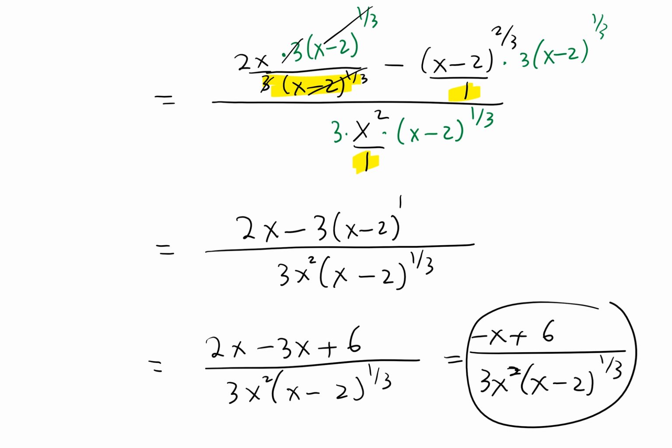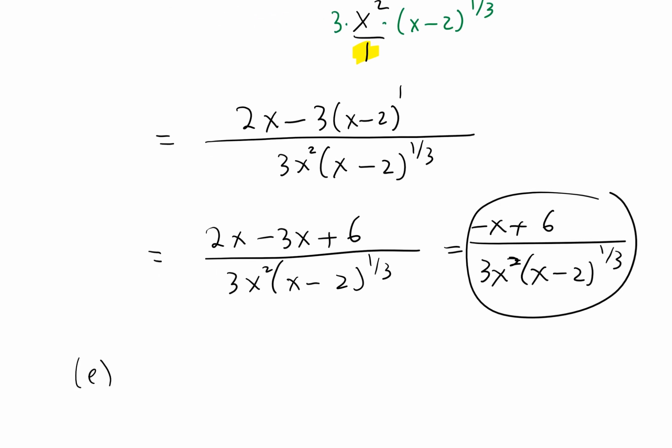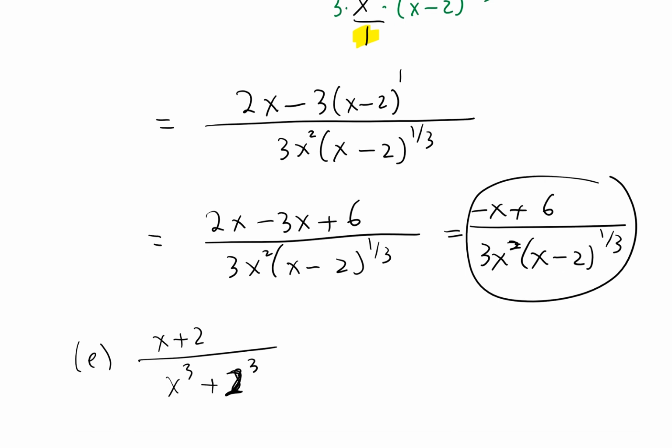Someone said 6, I think 6e, there's no L in 6. Maybe E. Part E, it's x plus 2 over x cubed plus 8. The 8 you can write as 2 cubed.